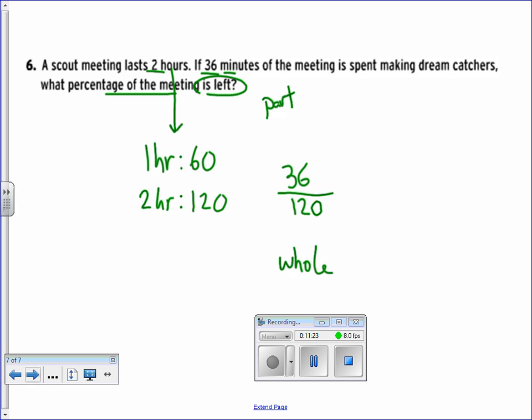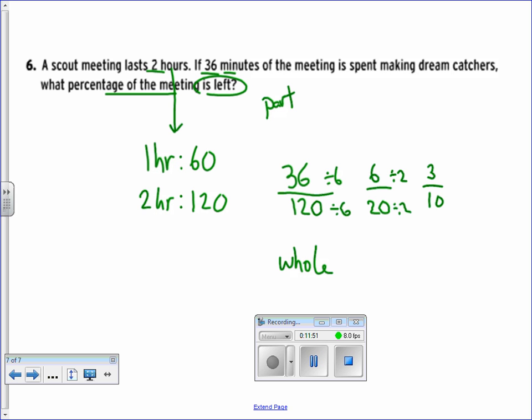Now, as a fraction, I can just divide, but I also see that I can simplify this. I'll divide by 6, top and bottom. 6 goes into 36 6 times. 6 goes into 120 20 times. And that can be simplified again, divide by 2, and you get 3 over 10.